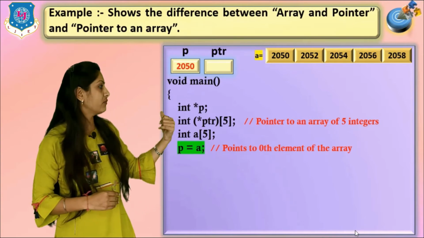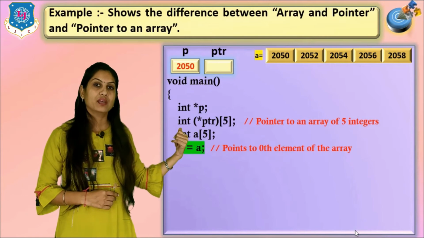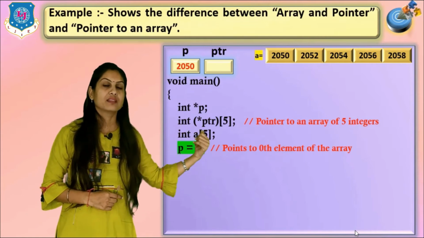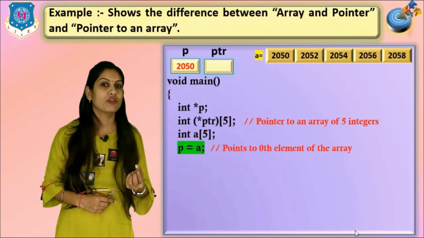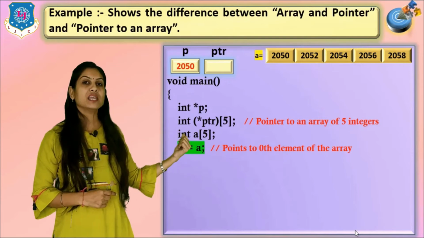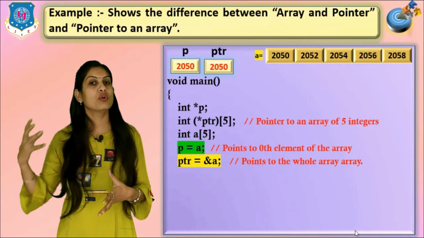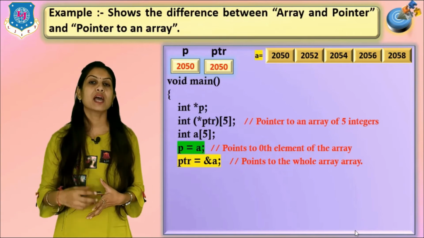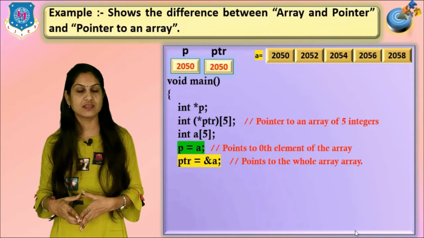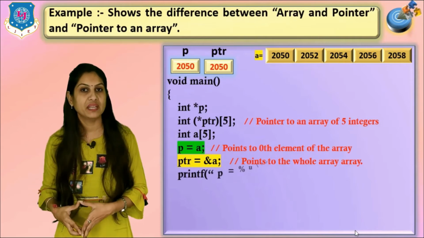Now we assign our two different pointers using initialization. So here I am using first initialization for p, that is p = a, that points to the first element of array, and then ptr = &a, meaning ptr points to the whole array, and we are printing both the addresses using p and using ptr.